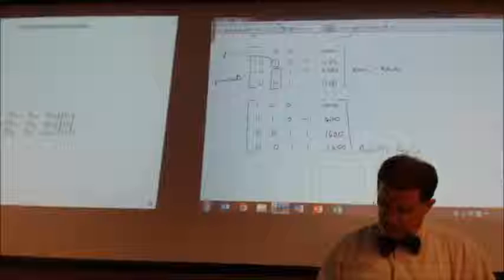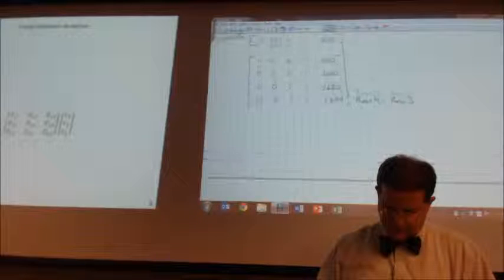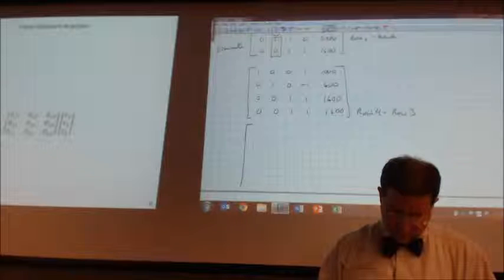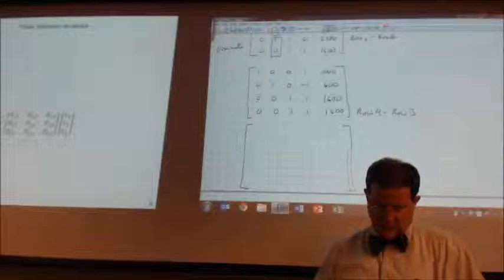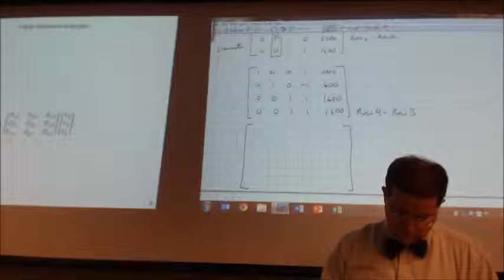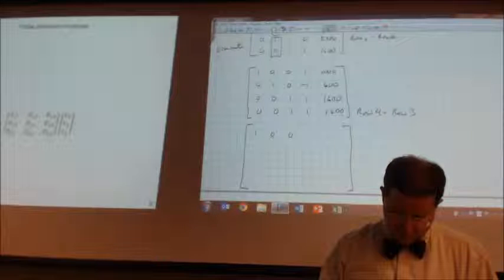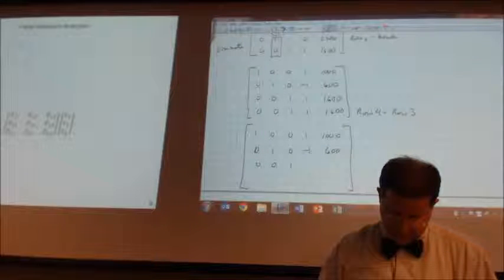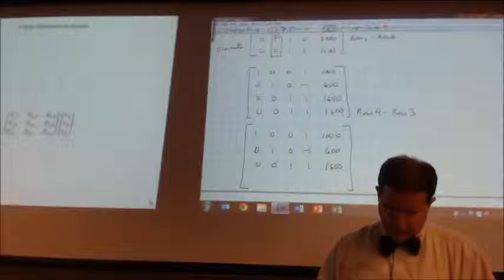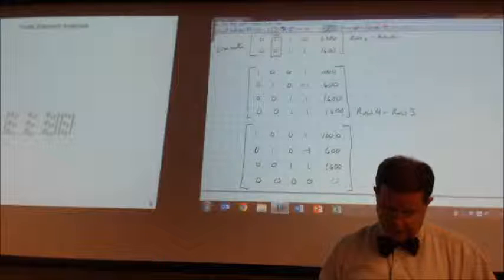So that's going to go to... wouldn't it have to be like row 3 times...? Oops, 0, 0 minus 1, 600. So this all goes to 0.